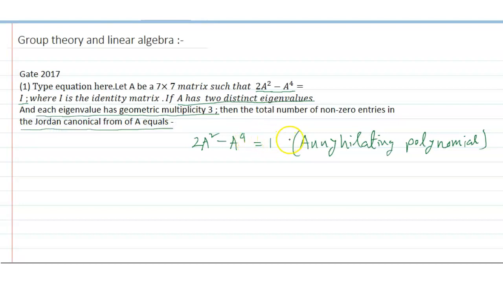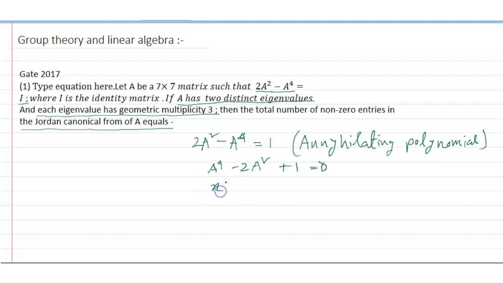So friends, it is given that the annihilating polynomial is 2A squared minus A to the power 4 plus 1. It can be written as A to the power 4 minus 2A squared plus 1 equals 0.